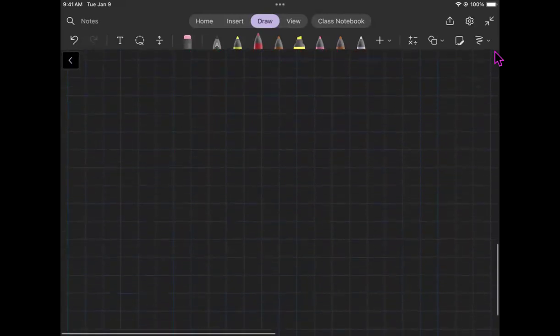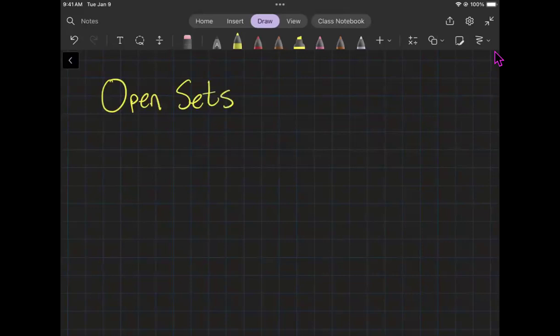So there are going to be other sets that we will deal with when presenting complex functions. Mainly, we're going to be looking at what are called open sets in the complex plane. So let's look at some different definitions, and we'll build up to the definition of an open set.